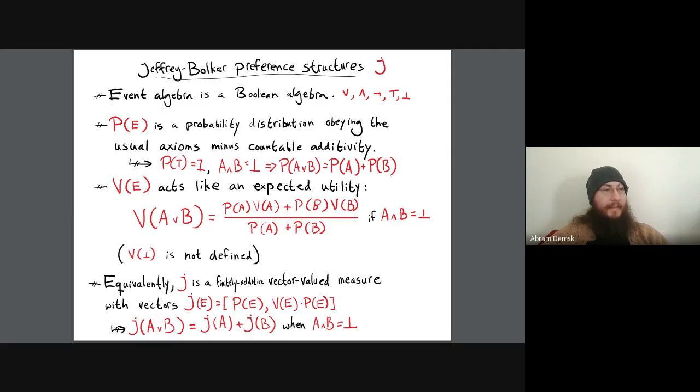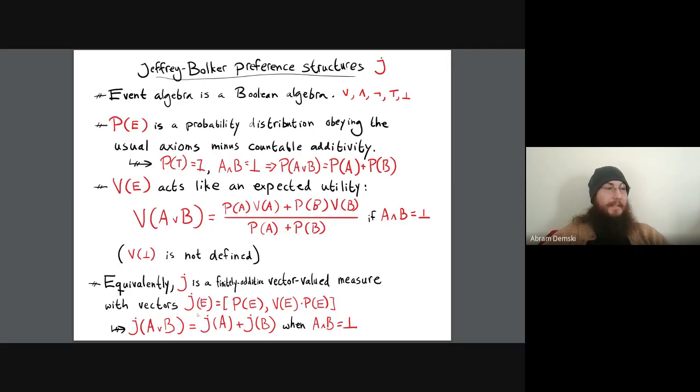And then this is just a kind of interesting technical aside. So Scott Garrabrant observed that this can be thought of as a finitely additive vector valued measure. So instead of thinking of all of this, we can just think of there's a two-dimensional vector space.